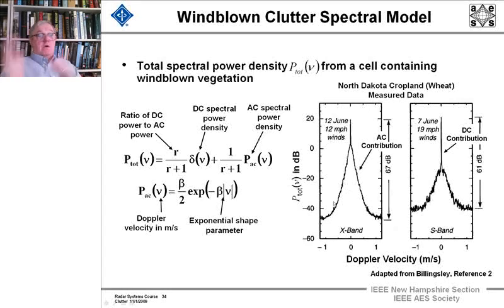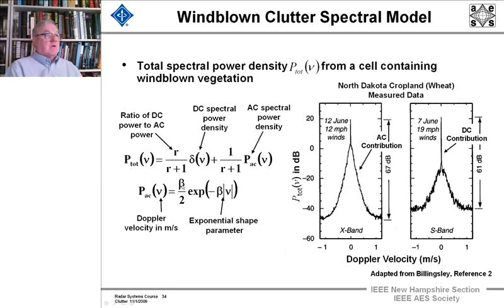That is, the wheat is blowing back and forth at 12 miles per hour in this case, with a DC contribution that doesn't move at all. And then when we go to the 7th of June, where there's 30% more speed to the wind, it gets wider, and there's a stronger DC contribution. Here 67 dB is the total dynamic range, and here 61 dB is the total dynamic range.